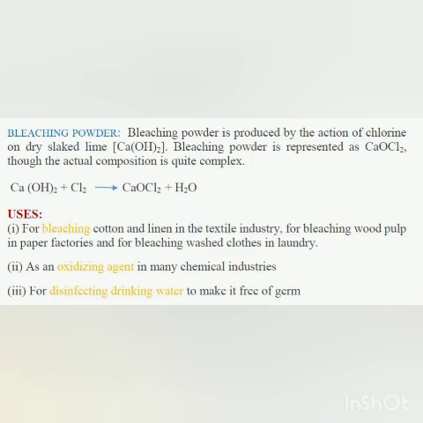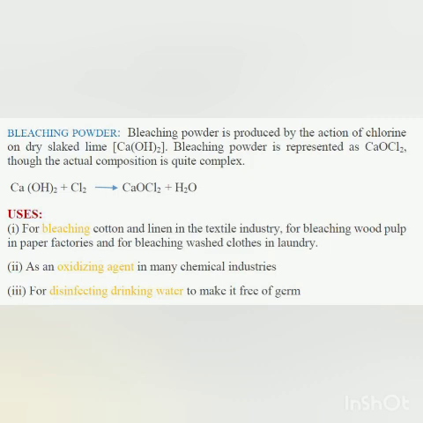The formula of bleaching powder is CaOCl2. You can see the equation here. Calcium hydroxide reacts with chlorine and you get bleaching powder and water. Now what are the uses of bleaching powder?